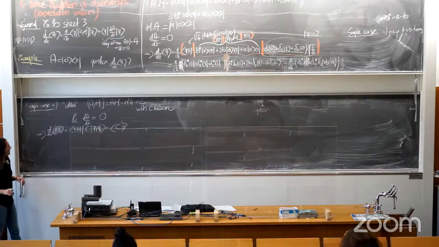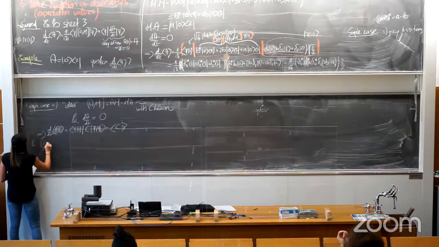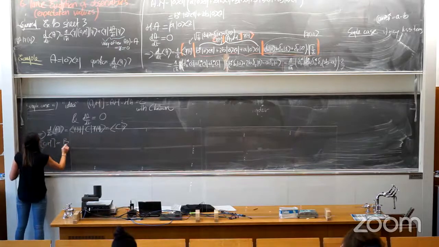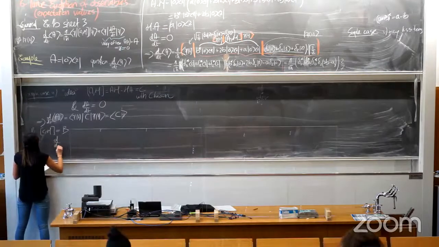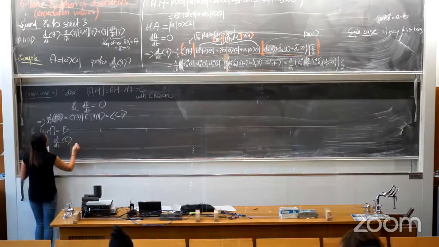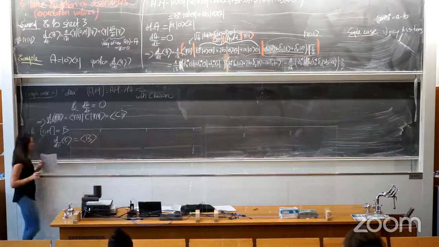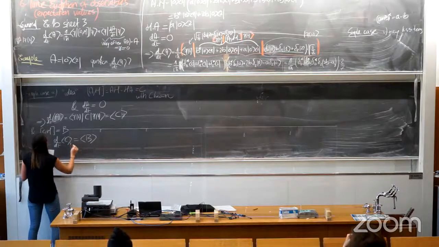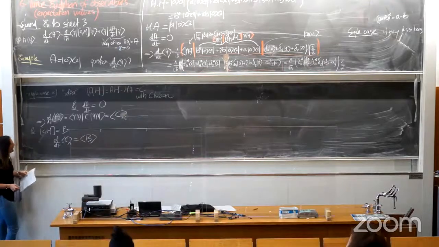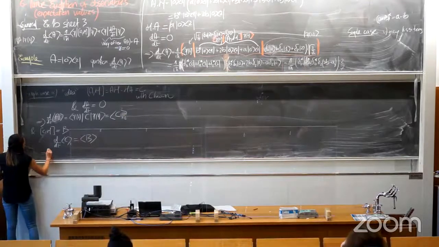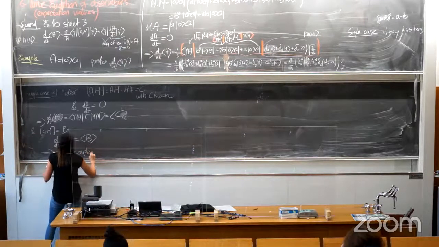Then maybe we have that CH is equal to another operator B. This means that the time derivative of the expectation value of C will be B. And I think we write it like here, like this. So what does it mean? We get a set of coupled differential equations.